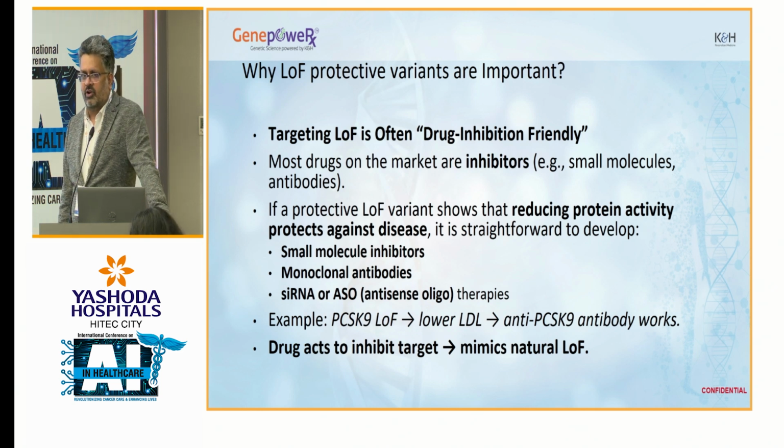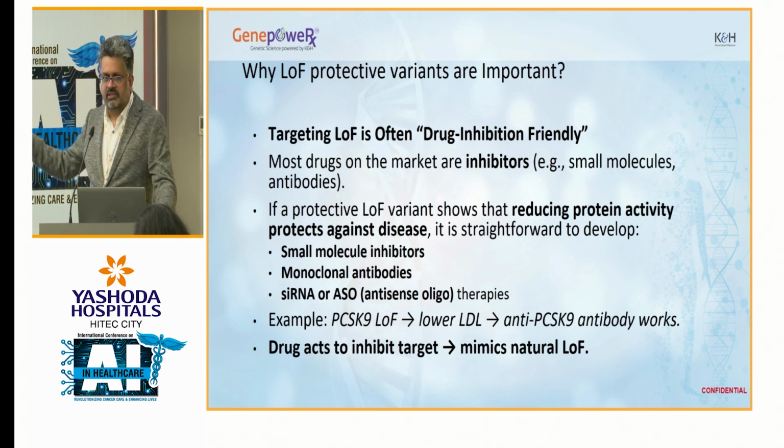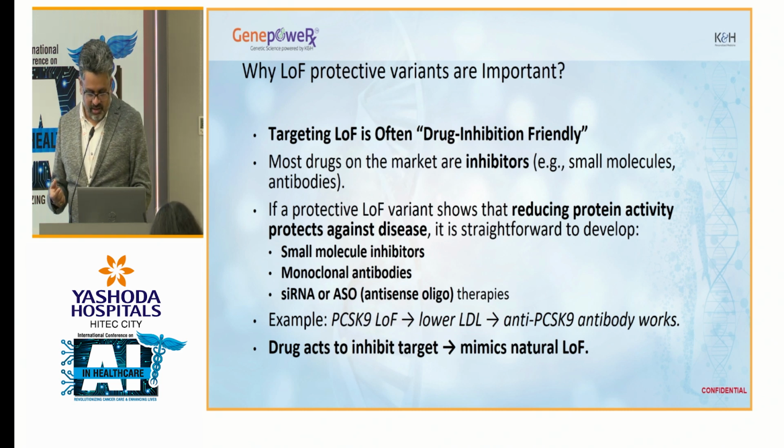I think for cholesterol, they are doing an infusion once or twice a year, which is going to keep cholesterol under control and prevent heart attacks. That is the first use case example of one gene having a protective loss of function variant. And these are the things which will usually inhibit the target.